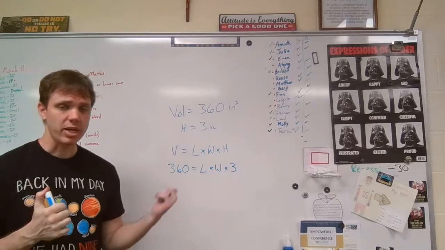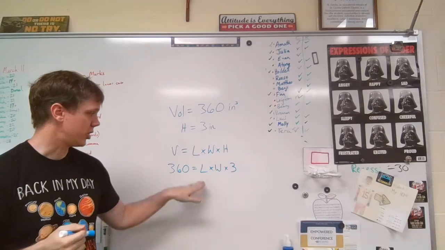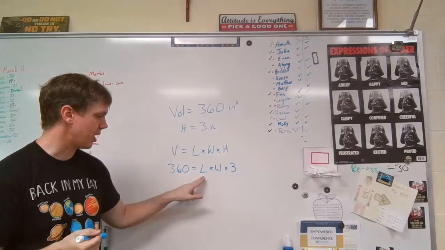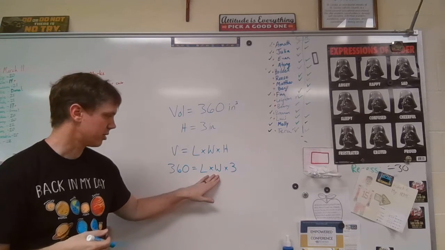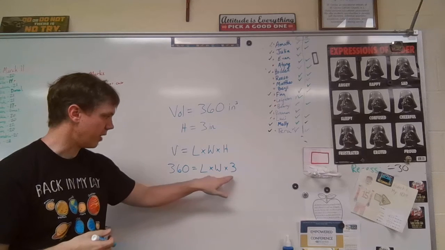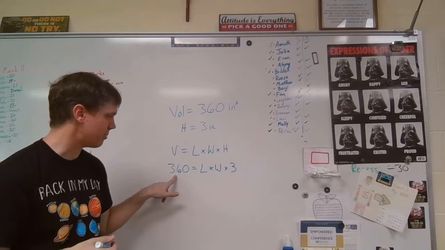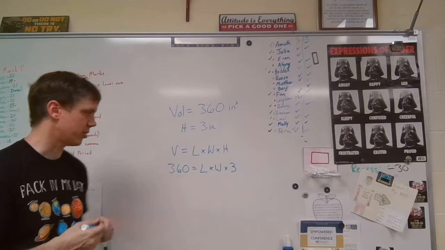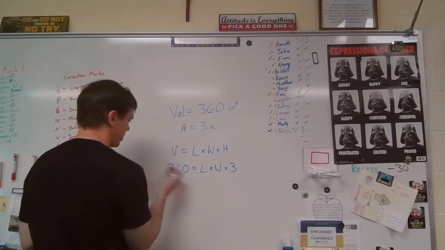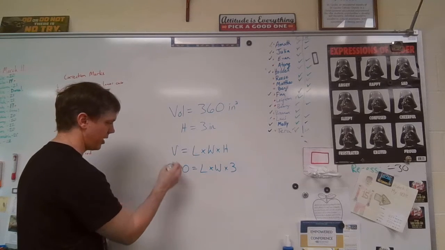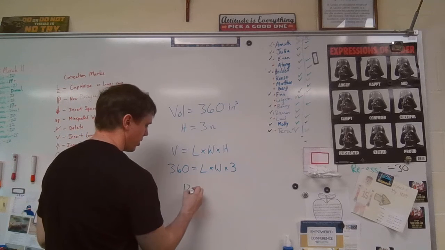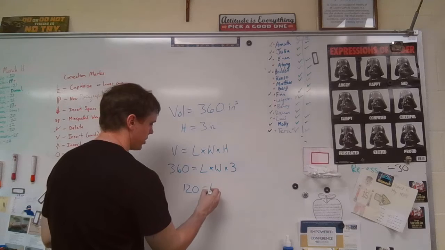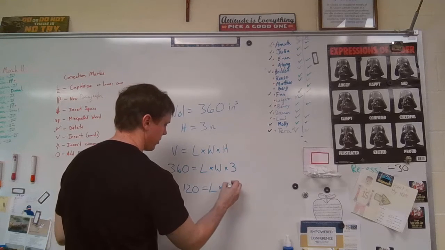So we can work backwards here and figure out just the length and the width. If at the end we have to multiply by 3 to get to this, then if we divide 360 by 3, that should give us these two numbers. So 360 divided by 3, 3 goes into 3 one time, it goes into 6 twice, and it goes into 0, 0. So that's going to be 120. That means that 120 is equal to length times width.